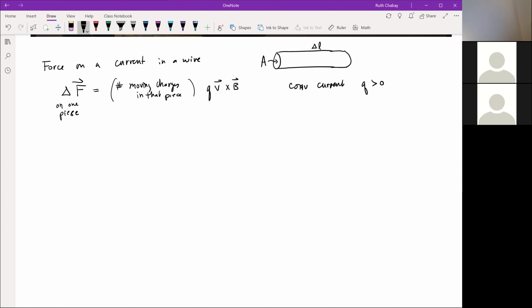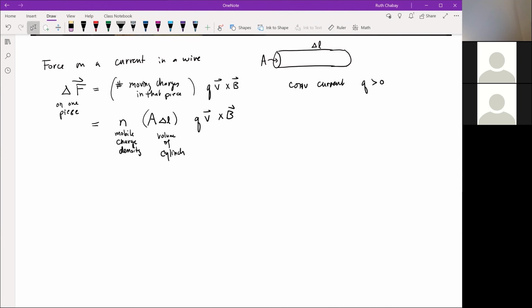Well, so all we have to do is figure out the number of moving charges in that piece, and that's just the mobile charge density, the number of mobile charges per cubic meter, times the volume, which is the cross-sectional area of the end times the length of the cylinder. So that's the volume of the cylinder, times QV cross B.